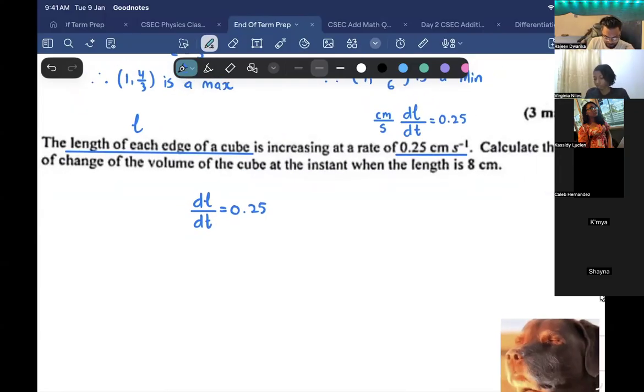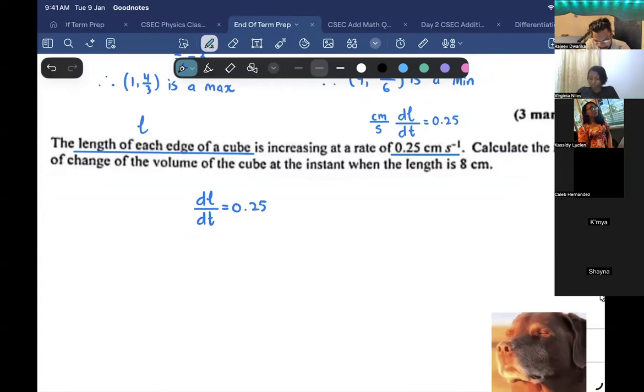Next part, I want you to read the next part for me. Calculate the rate of change of the volume of the cube at the instant where the... Right, so they want us to calculate the rate of change of the volume. When we're talking about rate, we're always talking about with respect to what?